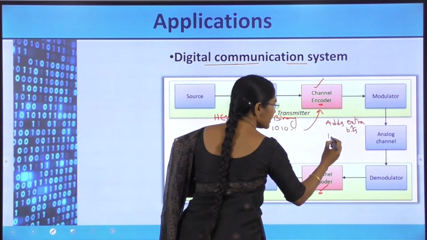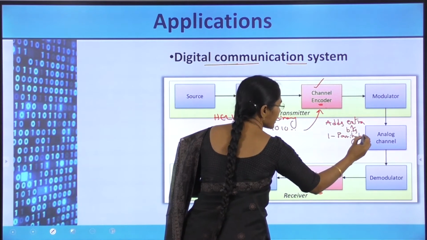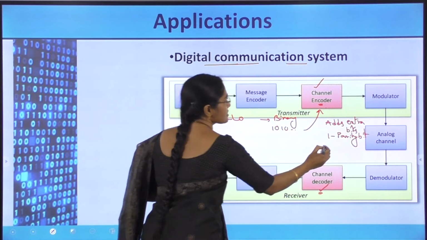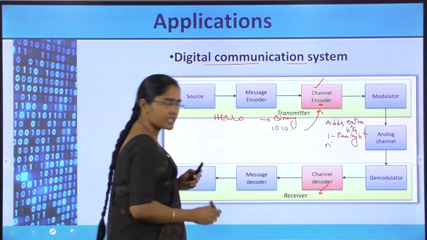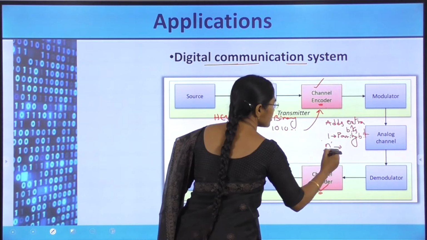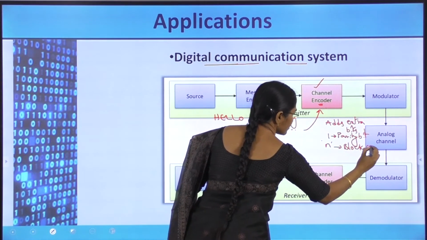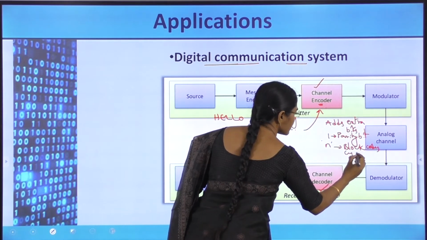If it is a single bit, that is called a parity bit. If those are more than a single bit, that means if those are n bits, there are many different codes, and those are called block codes, convolutional codes, cyclic codes, and so on.